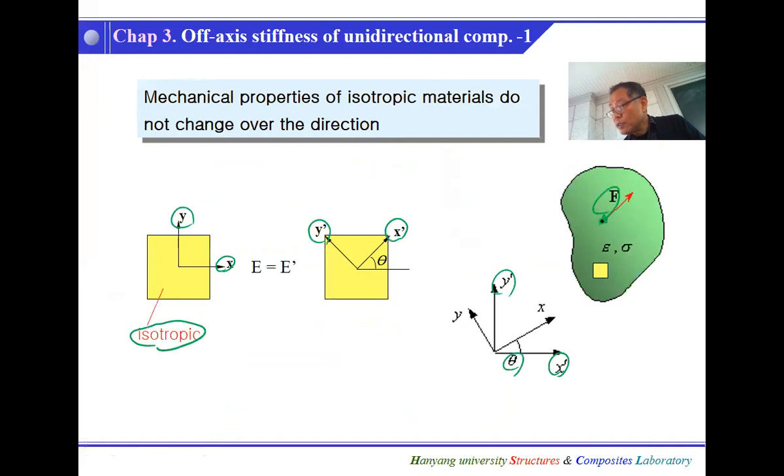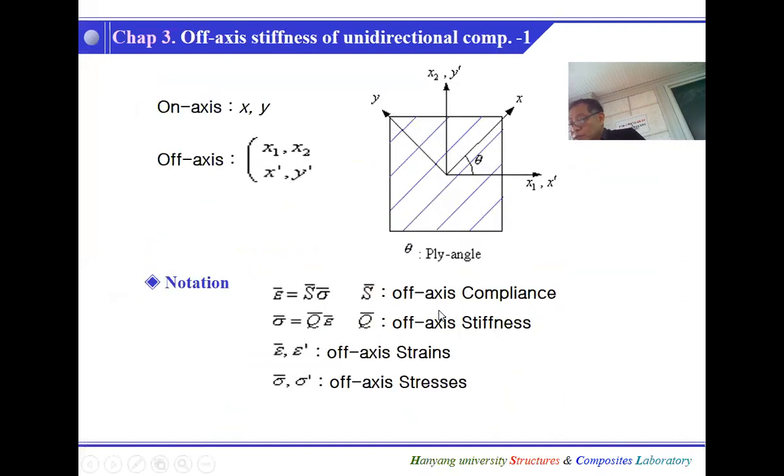Which means that for an isotropic material, the compliance and stiffness don't change. Regardless of the coordinate system, the material property will be the same. That's where the story comes in.